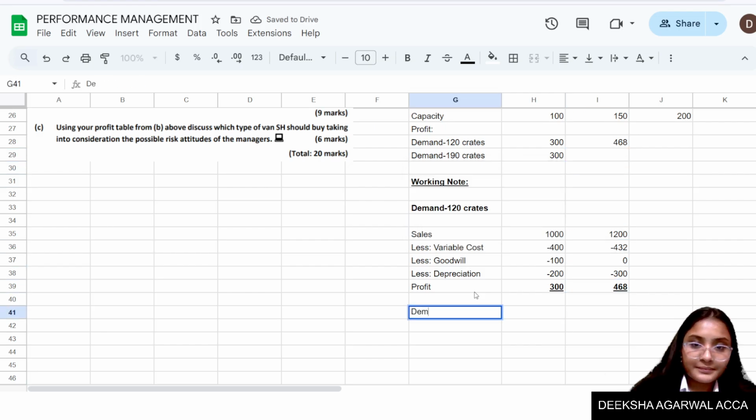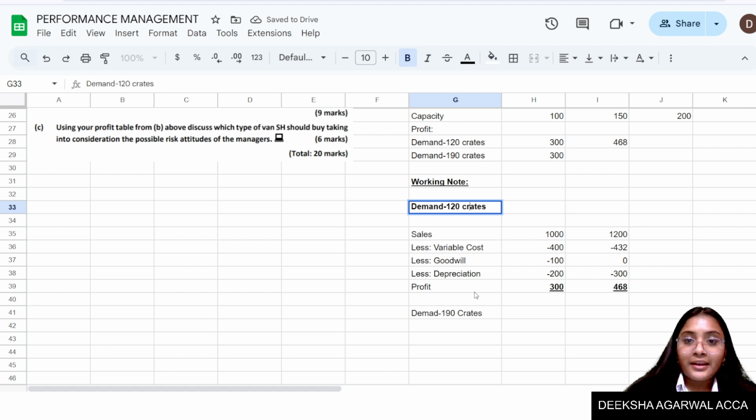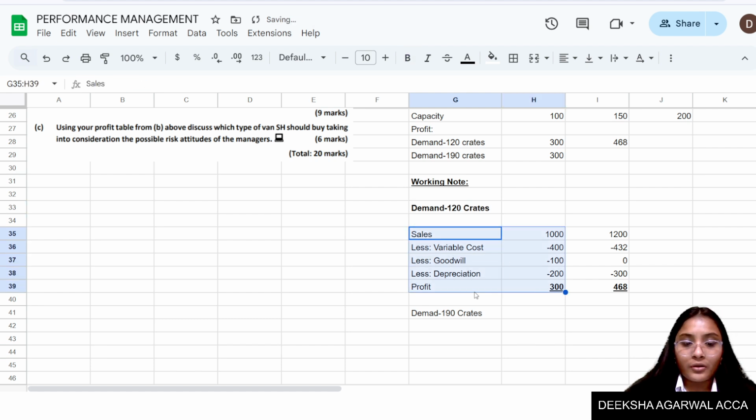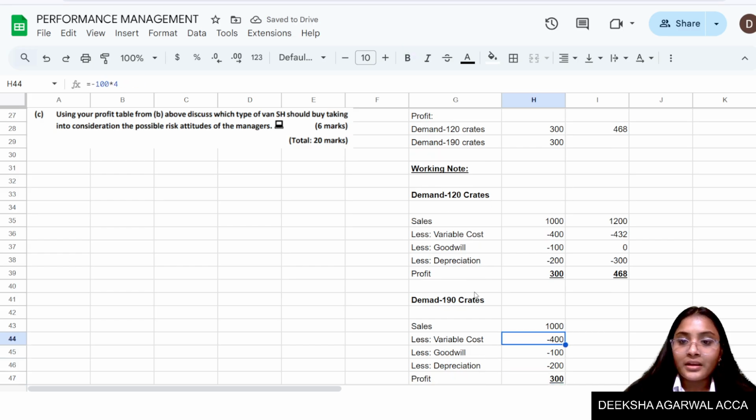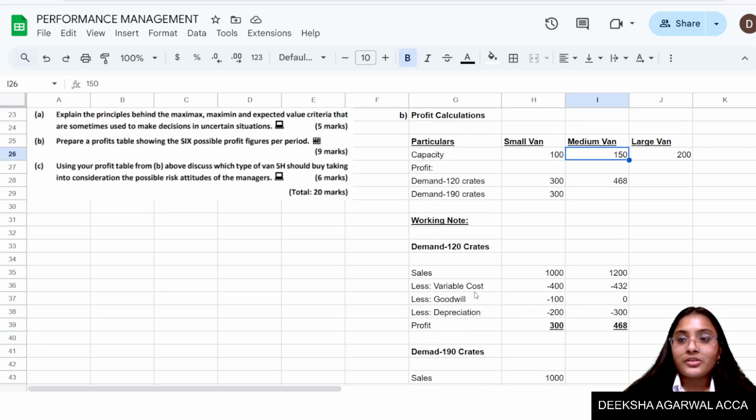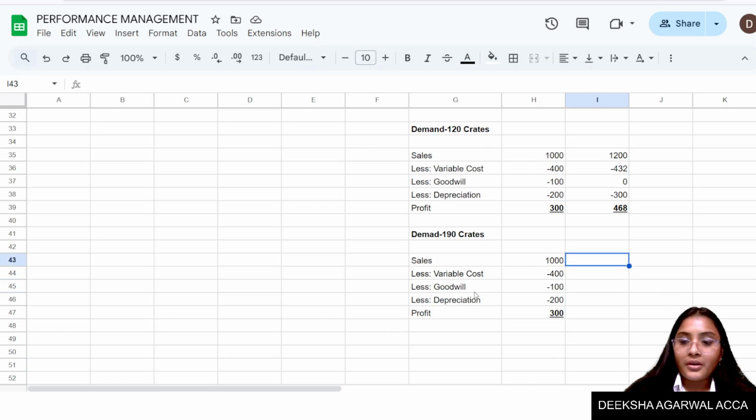Now, when my demand is 190, let's calculate it. See, for this, it's going to remain the same. But if you want, because I am anyway going to copy paste it, you can copy paste it as well, so that you remain okay. Why haven't we calculated here? You just need to see the capacity part. Now see, in this situation, your capacity is 150 and demand is 190. So maximum how much can you serve? 150 into 10.